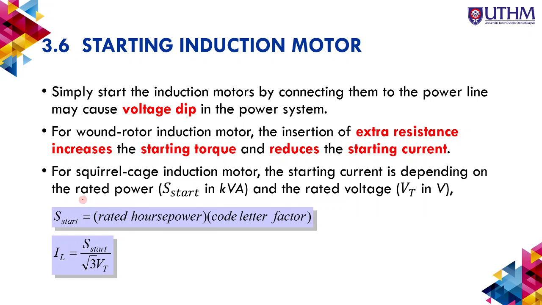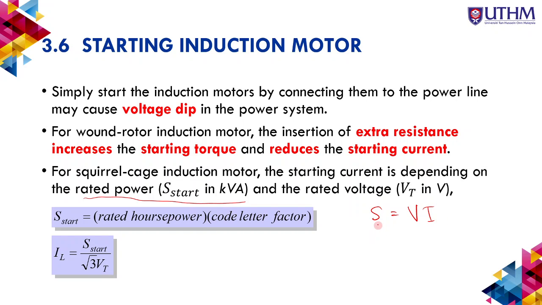The rated power is the power consumed by the load, and also the rated voltage. Since this is the rated voltage and current, the equation is S equal to VI, so voltage and ampere, kilovolt ampere.